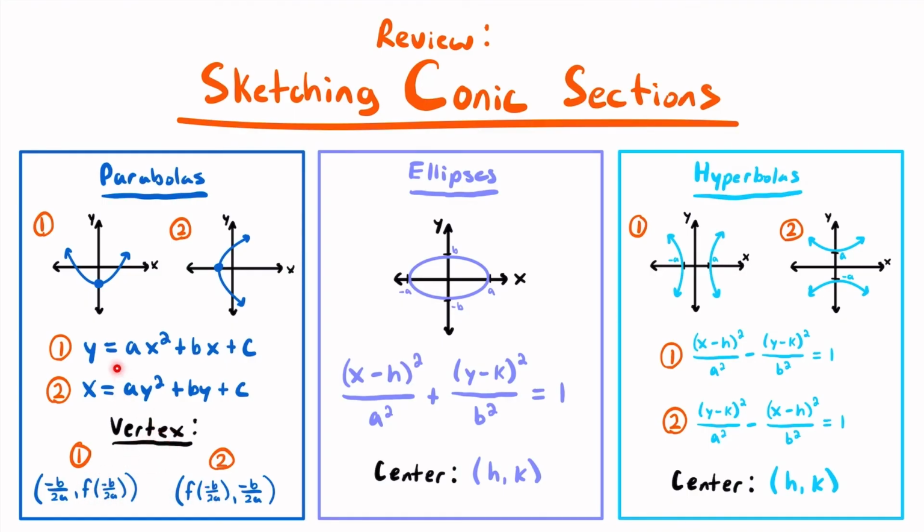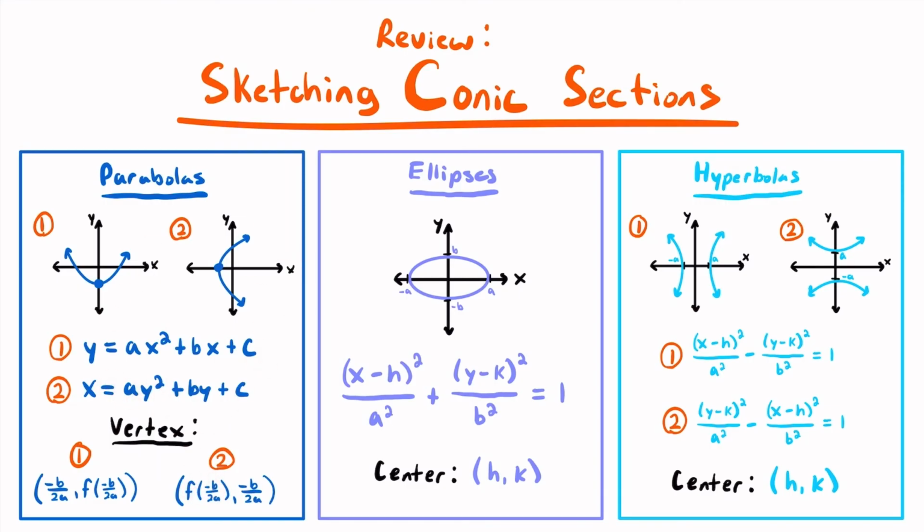If you're working with the first case where you have y equals a parabola in terms of x, you can find the x-coordinate of the vertex by taking negative b divided by 2a, and then of course you can get the y-coordinate by plugging that value of x back into what y is equal to, or plugging it back into the function. And then the reverse would be true for the second scenario where you have an x equals equation. You would be solving for the y-coordinate with negative b divided by 2a, and then you would plug that back in to get the x-coordinate.